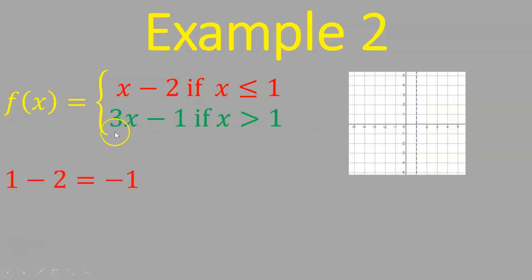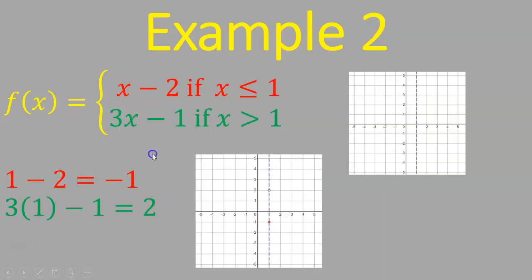So I'm evaluating 1 into each piece. Even though the function's only defined for the red at 1, we're going to do it for both pieces here. At the red one it's negative 1, and at the green one it's 2. Ordinarily f of 1 does not use the green, but we need it for the graph. So if you notice here, 1, negative 1 is right there, and we filled that in because it's the or equal to option.